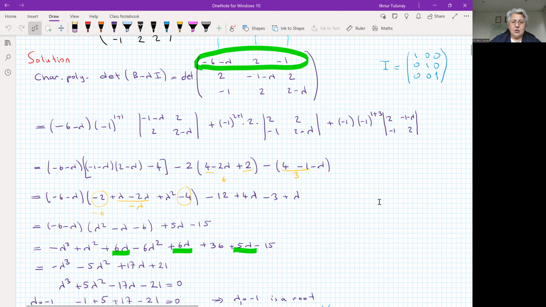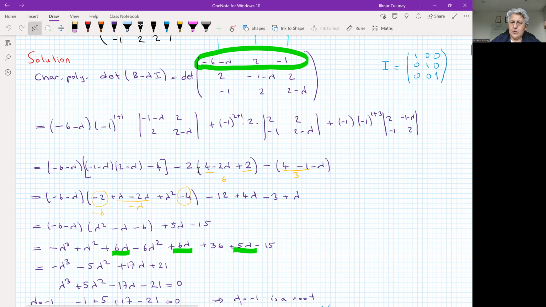Okay, now we need to tidy this up. Leave that one and try to tidy up that. We have -2 plus lambda from this one, -2 lambda, and lambda squared, and we have 4 here, right? And here we have 6. 6 times 2 minus 2 will be -12.